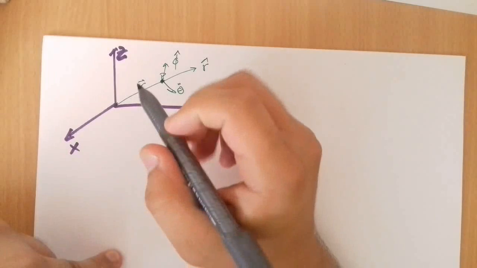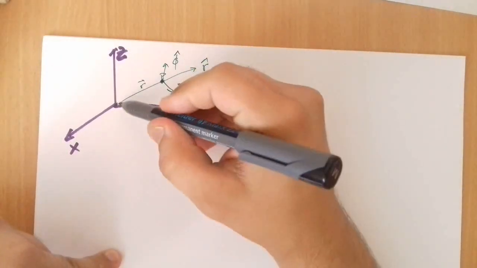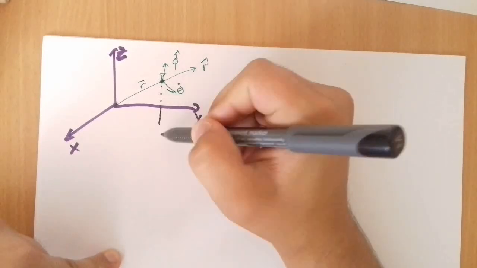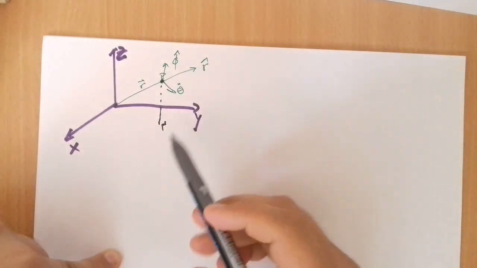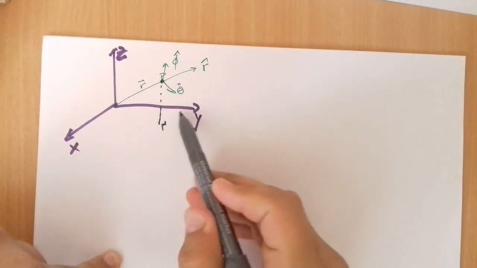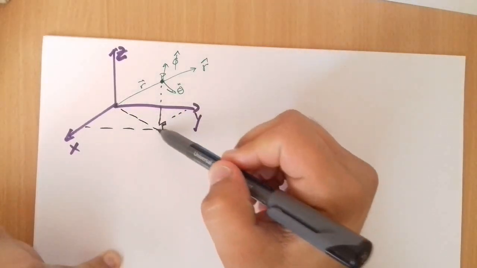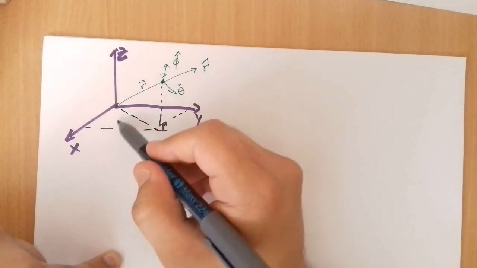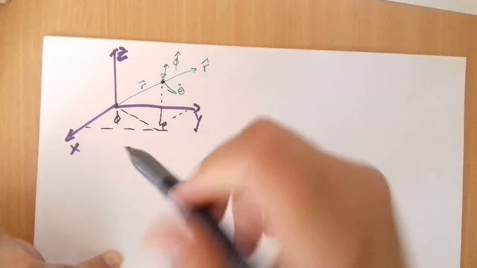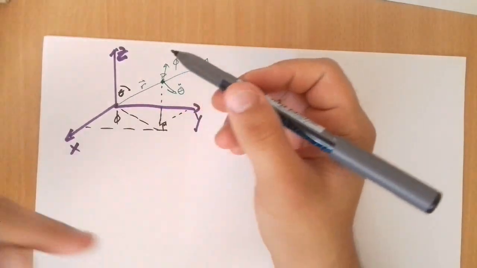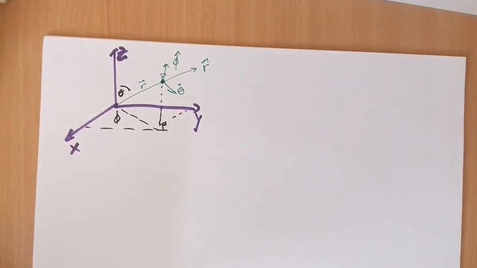Also, I'm going to introduce the angles. This is the projection of point P in the XY plane, and this angle is phi, and this one here is theta.